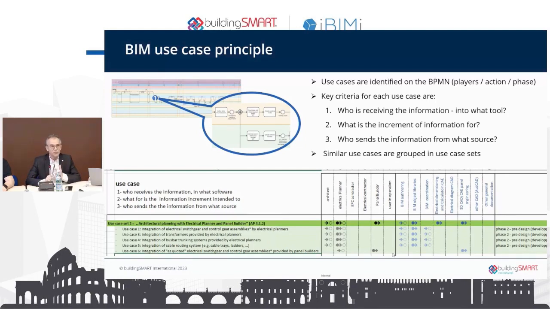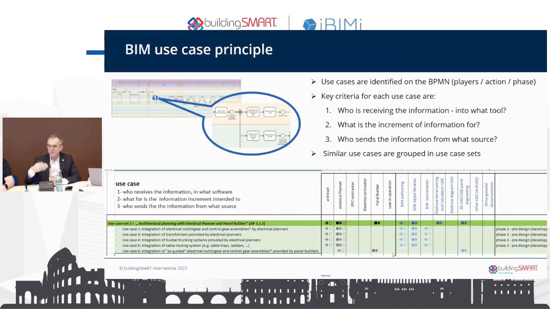The way to phrase the use case is: first, who is the person receiving the information? What is the information he is expecting to have, and what for? And in terms of software or platform, what platform or software would this information be extracted from, to feed what kind of software?